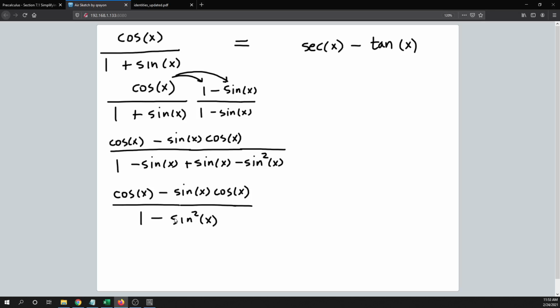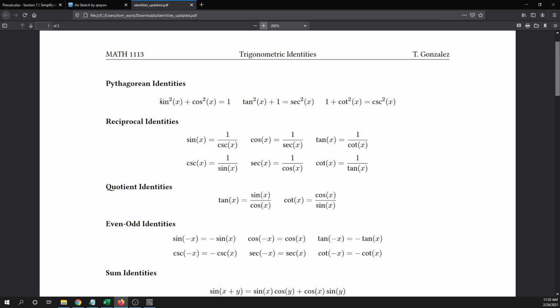All right, so 1 minus sine squared x looks an awful lot like this identity, sine squared x plus cosine squared x equals 1, except that it's this identity with the sine squared subtracted from both sides. So I'm going to do that separately.